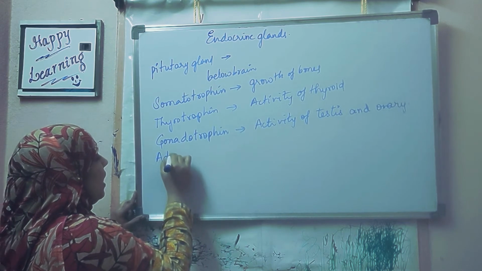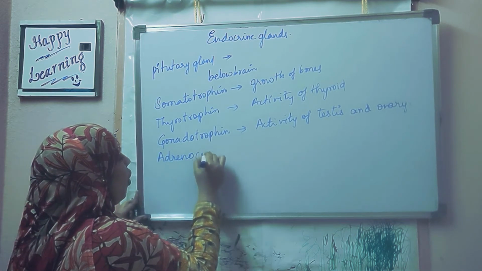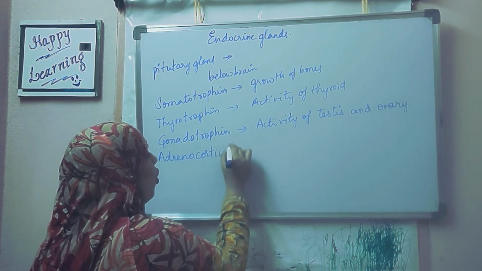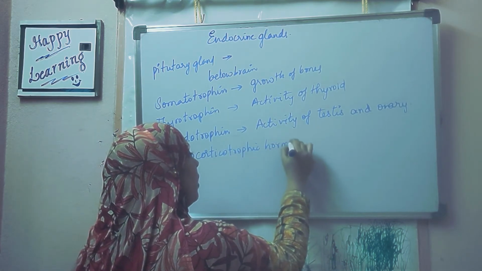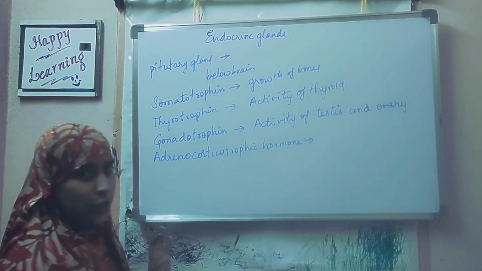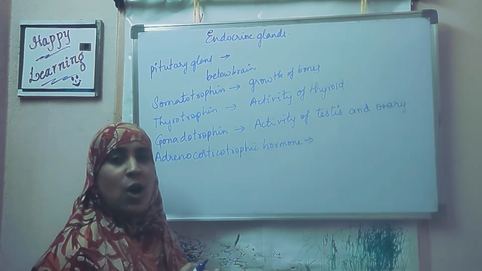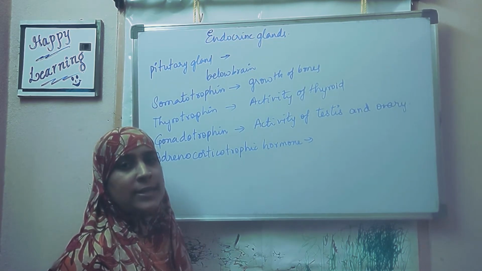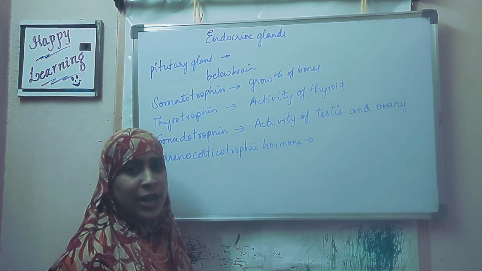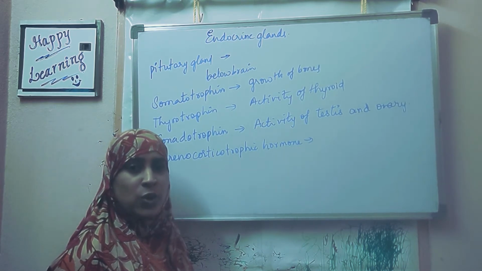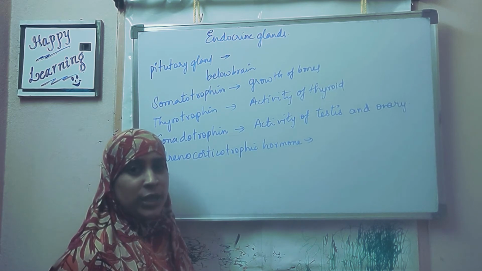Next one, adrenocorticotropic hormone. In adrenal gland, the outermost region is called adrenal cortex. Inner region is called adrenal medulla. Same as how it is called in the name. In case of kidneys also it is same.